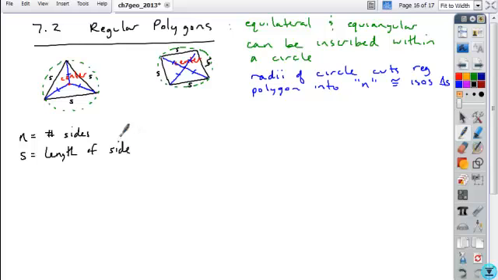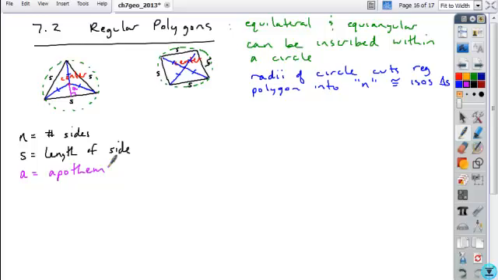Okay, the last piece that you're going to be using later on, again, we're just introducing it here, is the altitude of these reference triangles. So if you were to look at the altitude of this reference triangle here, we'll call it A. The word for this in a regular polygon is apothem.